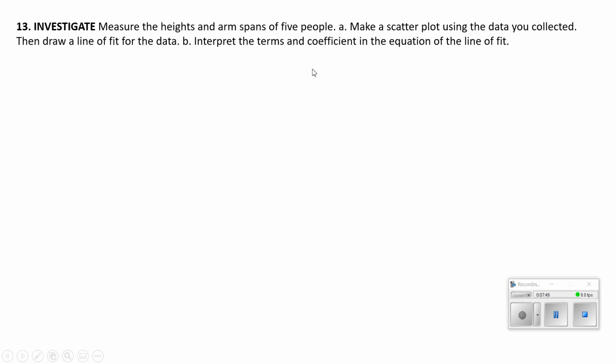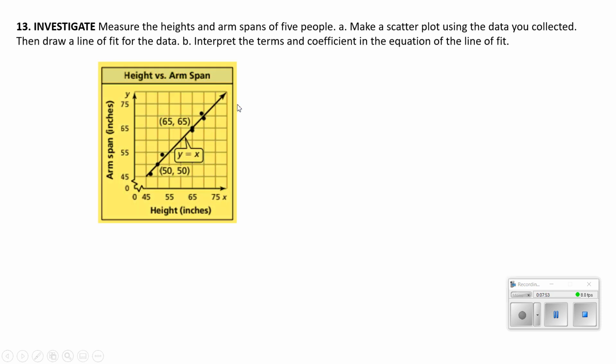This sounds like a sample answer, because I don't know what numbers you're going to find when you do this. So I'm thinking number 13 is going to have to be just something we go over.